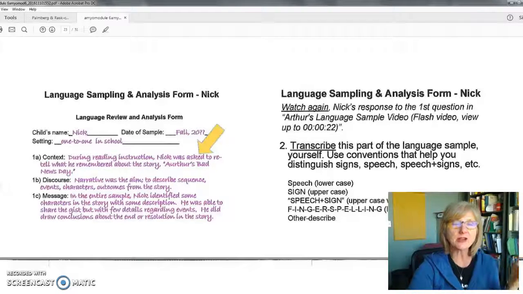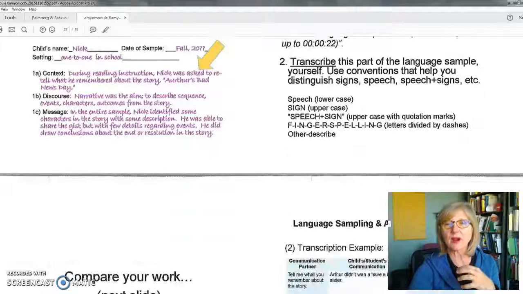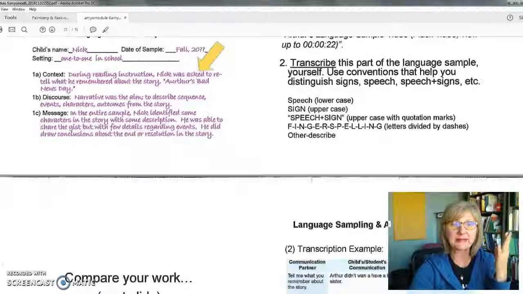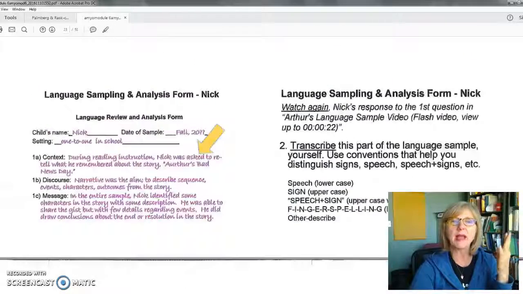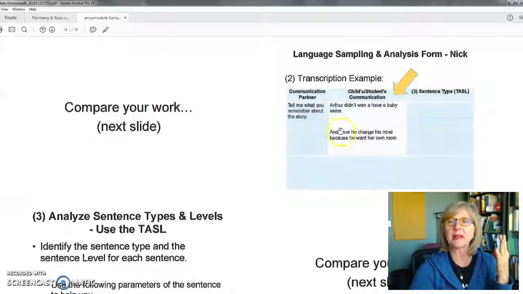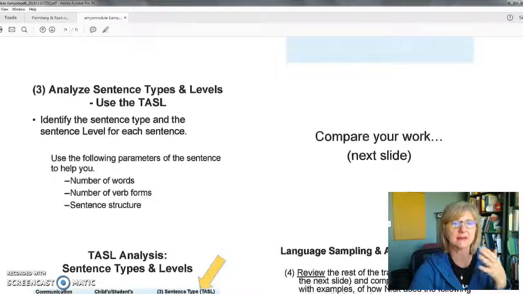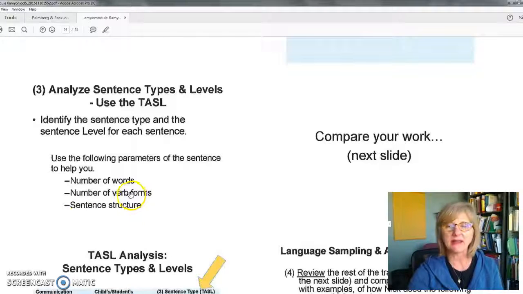So I watched the video, I transcribe. Here are some ideas for transcribing, so you use a system. And then I analyze, and this is the form, an example of the form, and then I look at the TASL. I compare number of words, number of verb forms, and the sentence structures. And that's how I begin my leveling on the TASL.